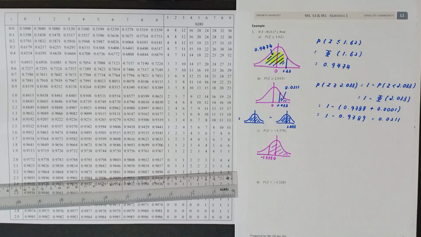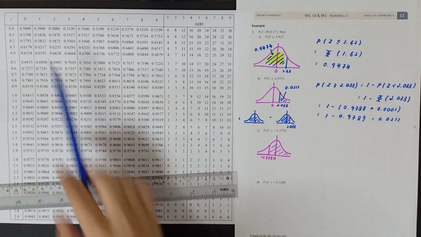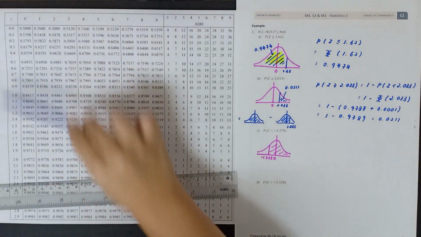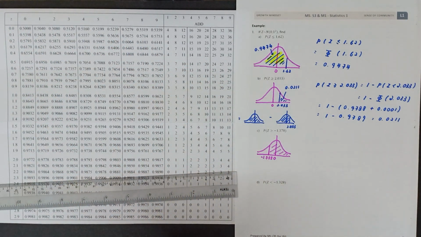Okay, I'm sorry I keep changing the color of my pen. Now the same thing, you cannot find more than, and of course in your table you do not have anything where you can read a negative value. So what do you need to do?